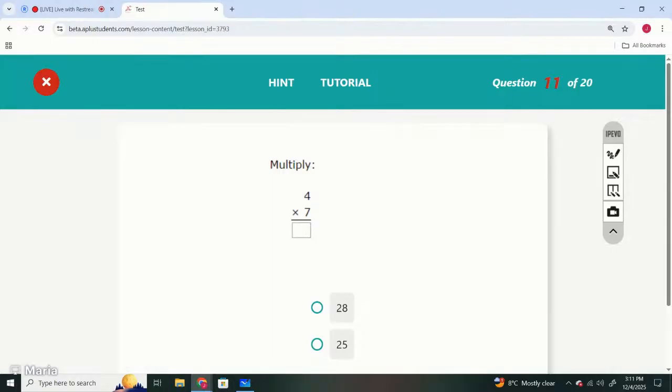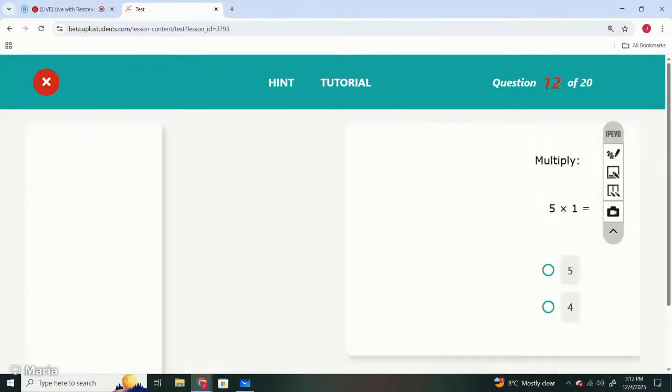Okay, 4 times 7. So, which is the correct option? 4 times 7 is 28. Option number 1 is the correct option. Very good.